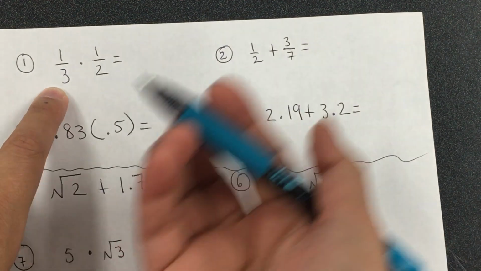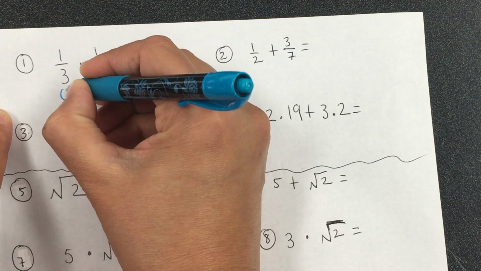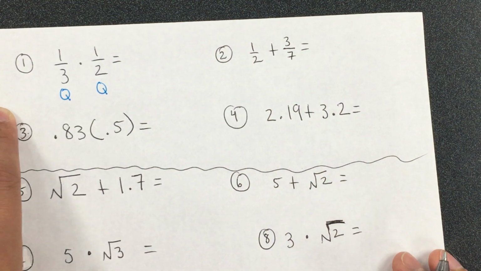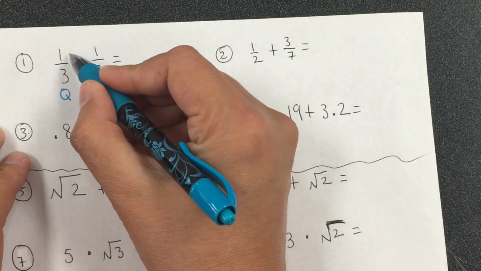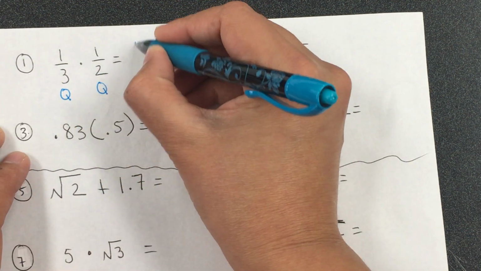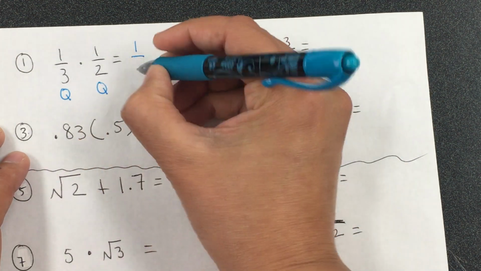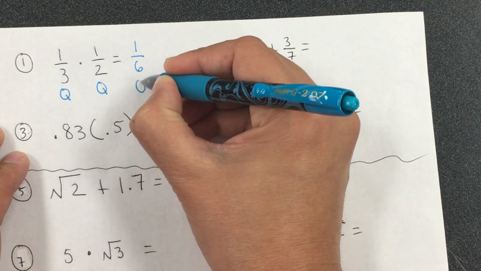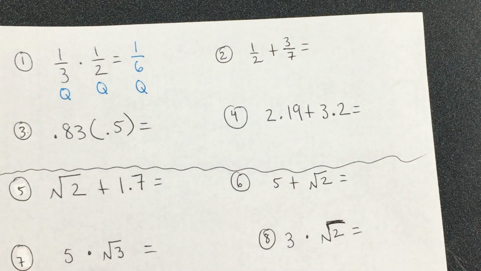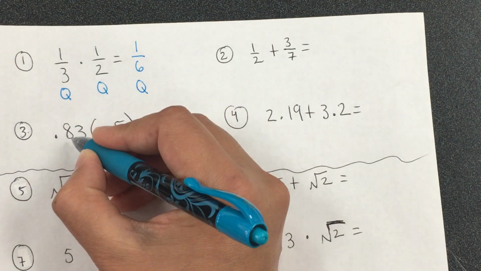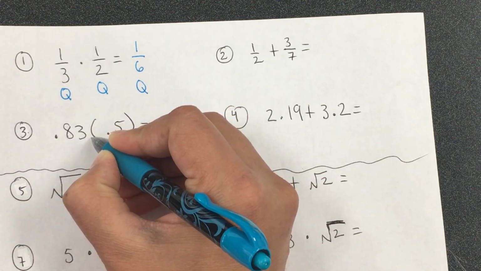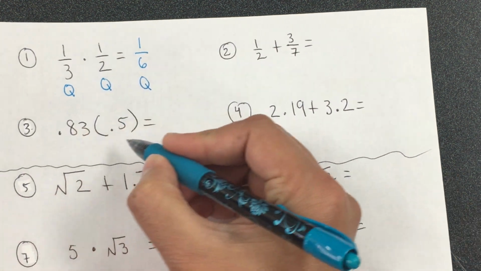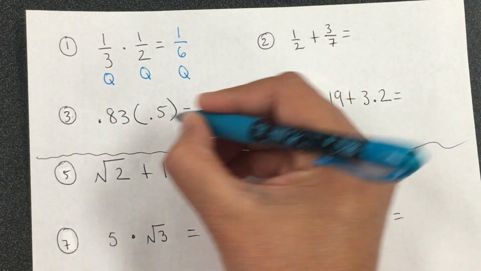Okay, so let's identify this as either rational or irrational. The first one is a fraction, so that's going to be rational. The second one is also a rational number. The answer, we just multiply straight, so 1 times 1 is 1, 3 times 2 is 6, and we cannot simplify, that's a fraction, so it's going to be rational. In here, because it doesn't have the 3 little dots that say it goes on and on, it's 0.83 times 0.5.